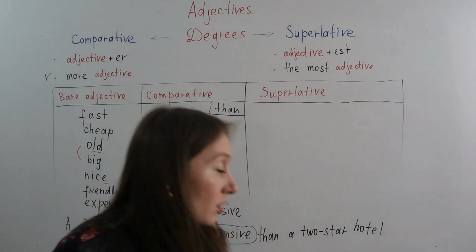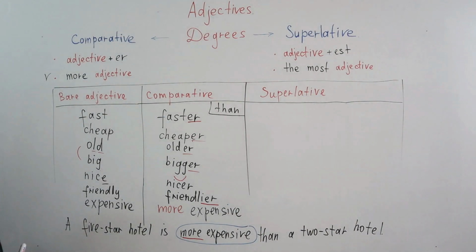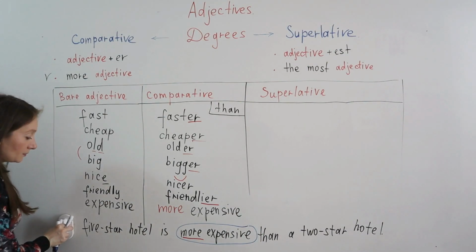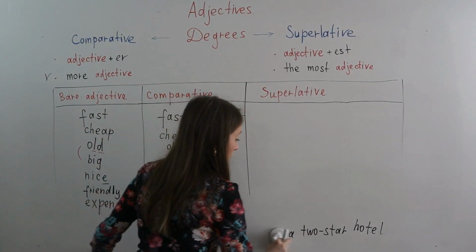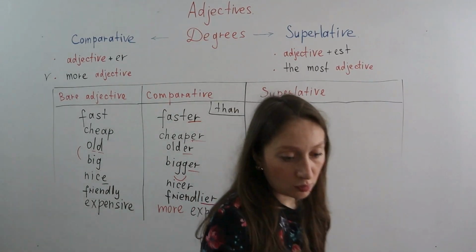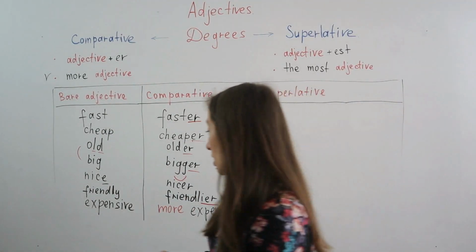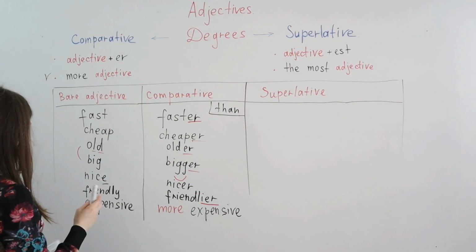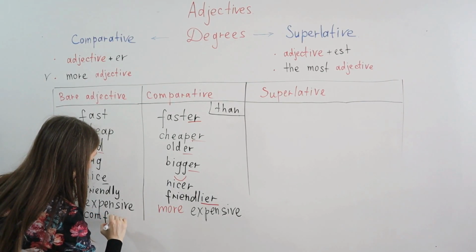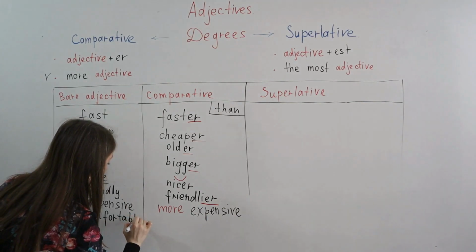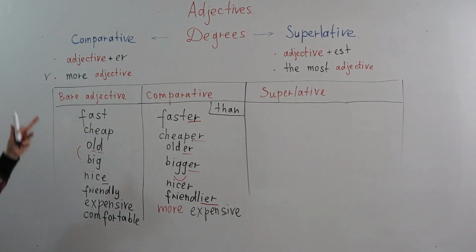So first I will clean this sentence. You can copy it if you want. All right. So the adjective will be comfortable. Comfortable. So what do you think? Which construction we will use?